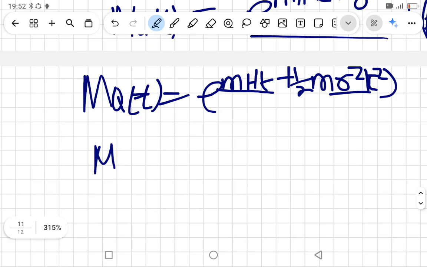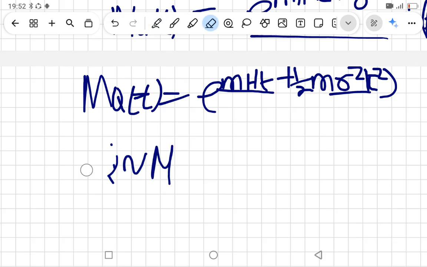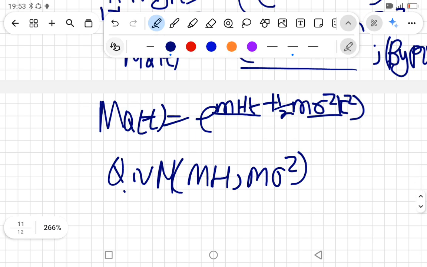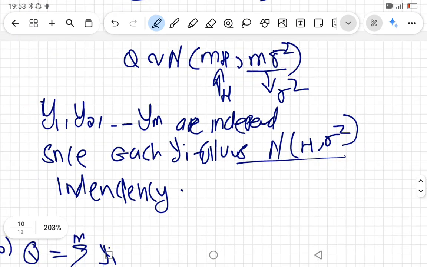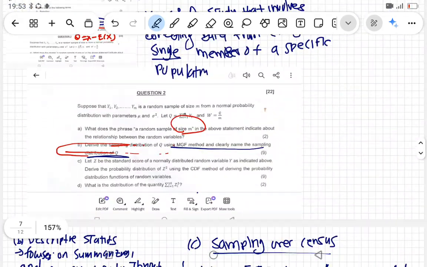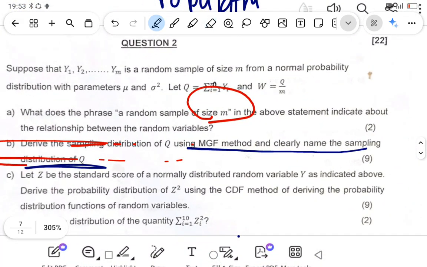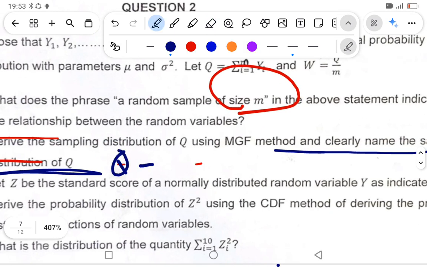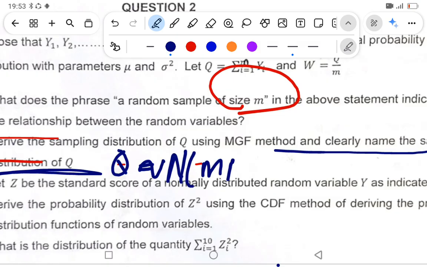So we can say Q follows a normal distribution with mean m mu and variance m sigma squared, and then we're done. So we've managed to show this. Remember, the question wanted us to derive the sampling distribution of Q. So that's our sampling distribution of Q. We got Q normally distributed with mean m mu and variance m sigma squared.